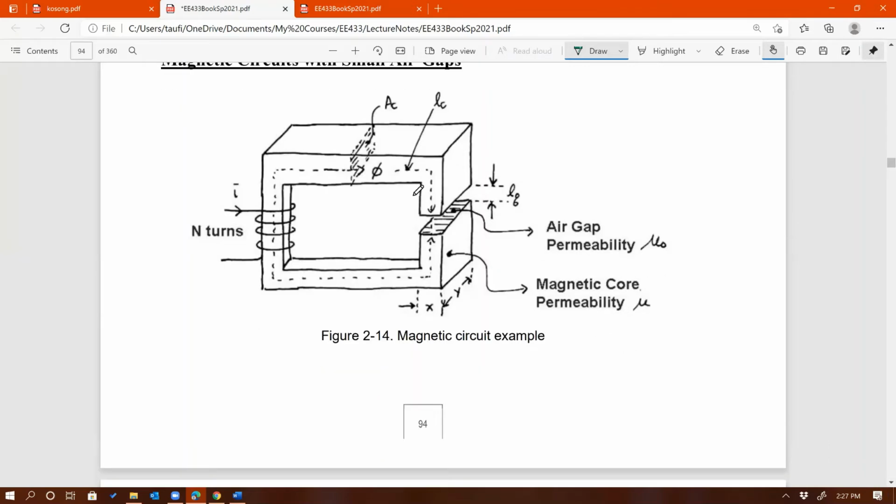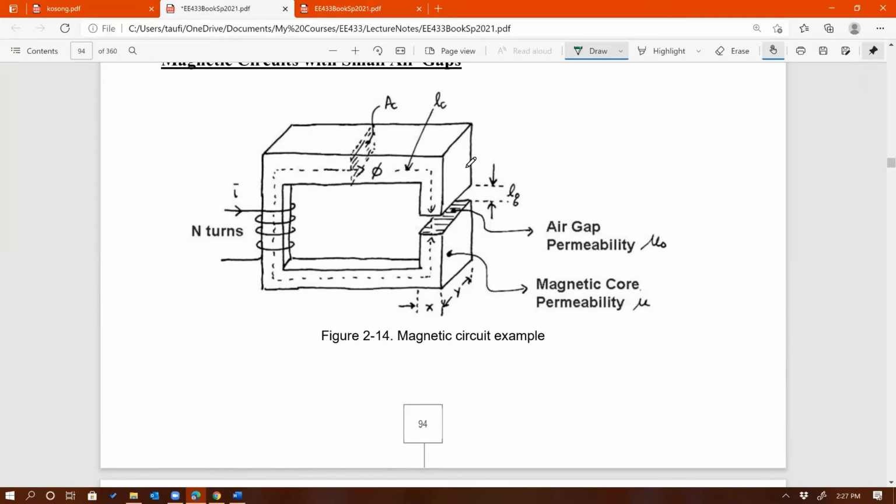Theoretically speaking, you could add an air gap in the core, such as this one right there. Just like the name implies, this air gap means that the core is being interrupted.